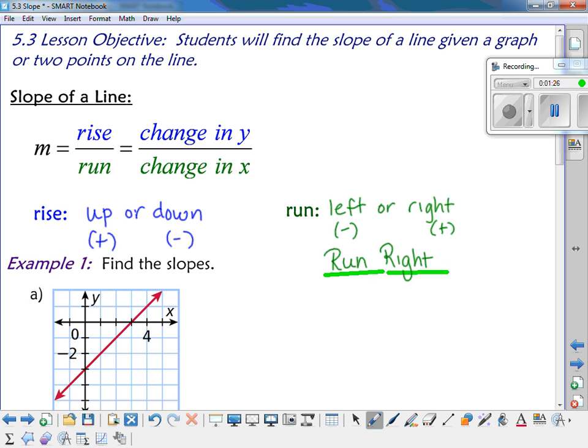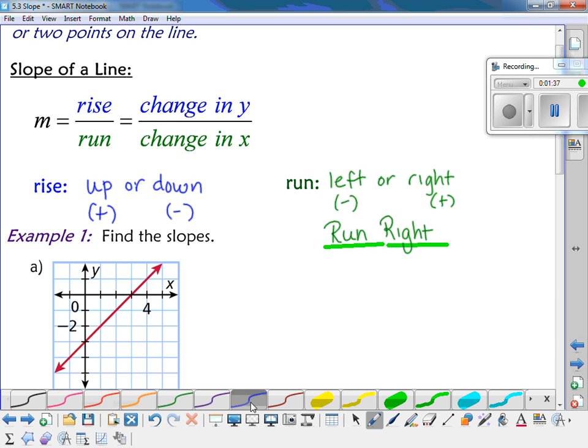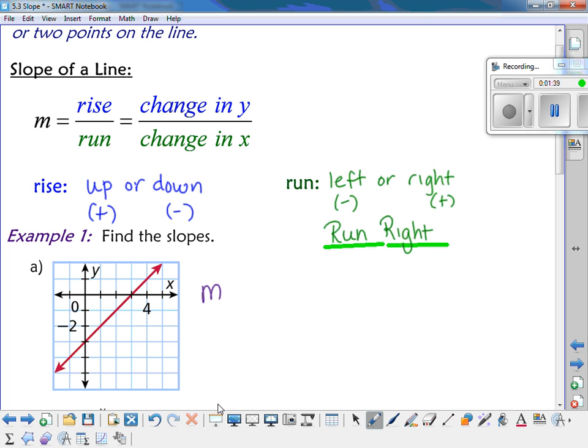Okay, so we're going to find the slope of the line in example A. Again, it's rise over run. So what I do is I find 2 points. So I'm going to use points that are obvious points.